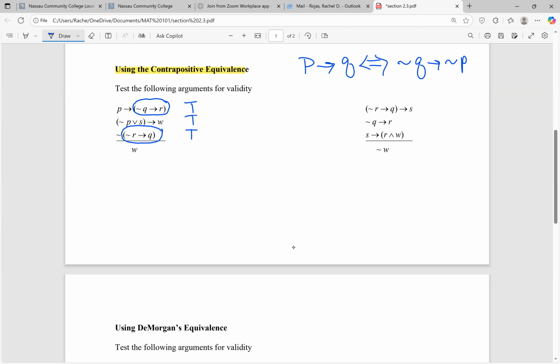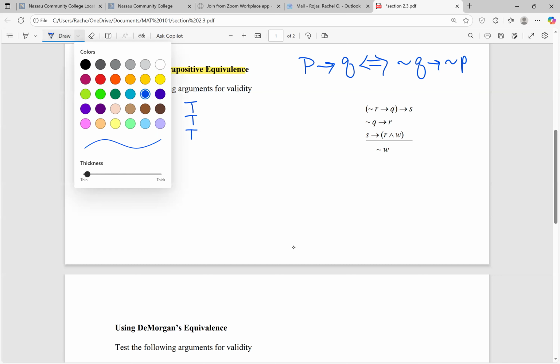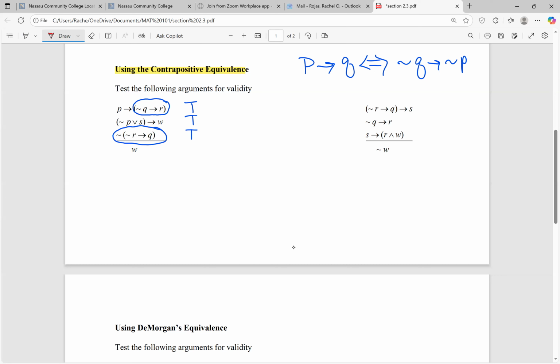And we know that not R implies Q is true. Therefore, not R implies Q is going to be false, right? Because not false is true. So not R implies Q is equivalent to not Q implies R, and we know it's false, so that's false also.